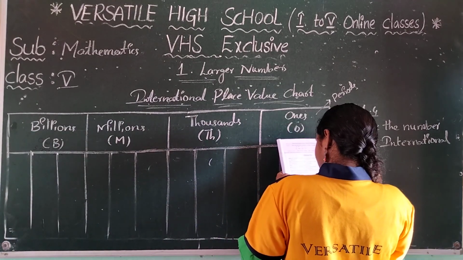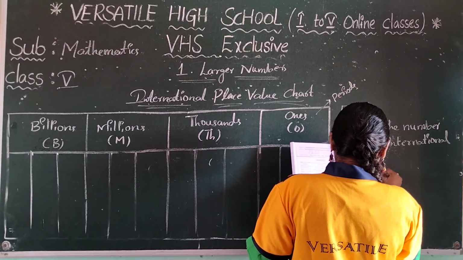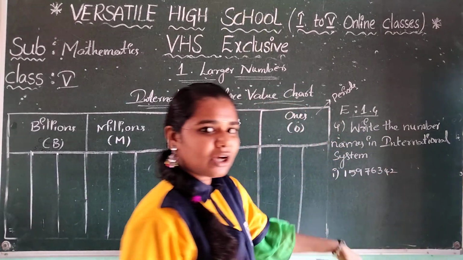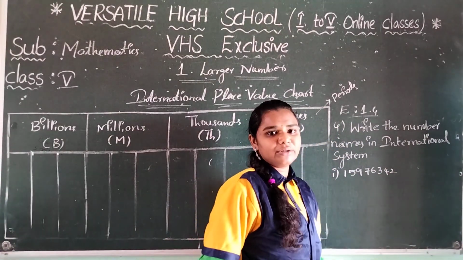15,976,342. First of all you put the commas. You find what the number is, after that you write the number name.